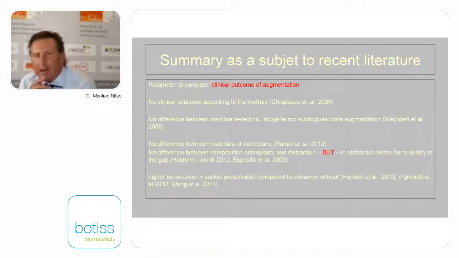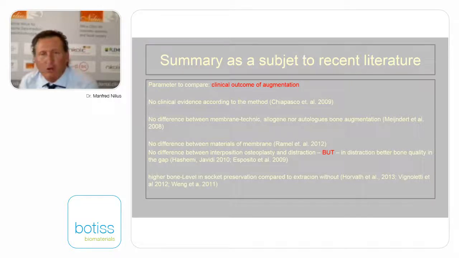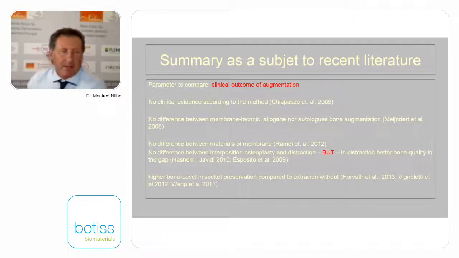But I highly recommend putting in membranes nowadays, non-resorbable membranes, because normally you have to come back to the case, you have a reopening, and then you can see that there is a very well covered bone. But in distraction osteogenesis, normally the bone in the gap is a little bit better.